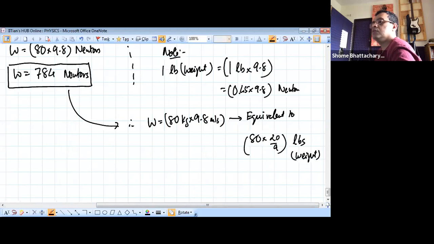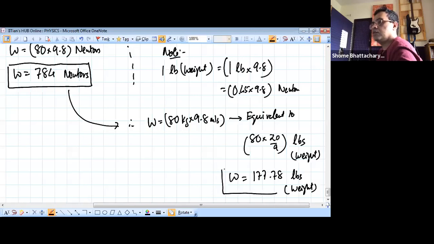So in pounds, he will weigh this much on the Earth's surface.